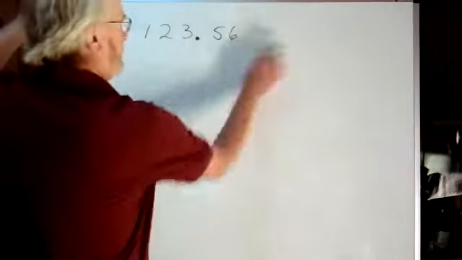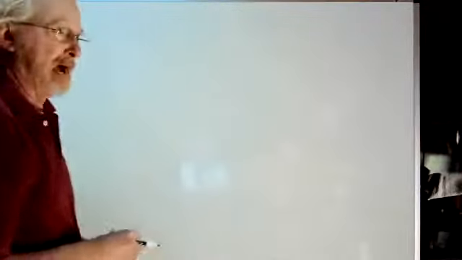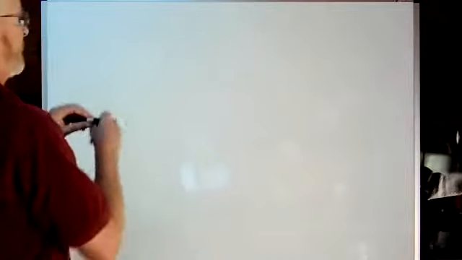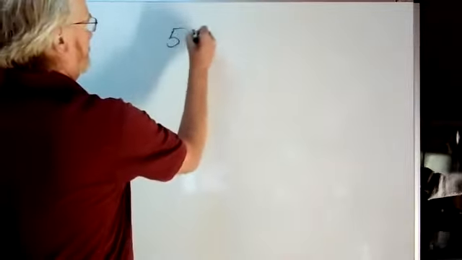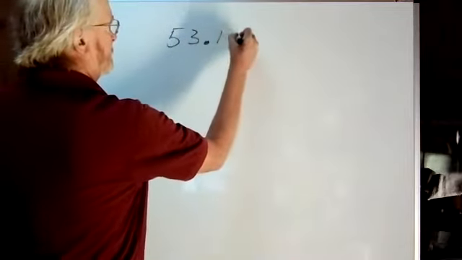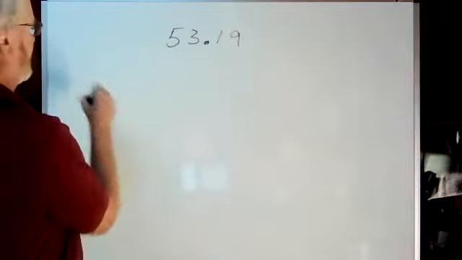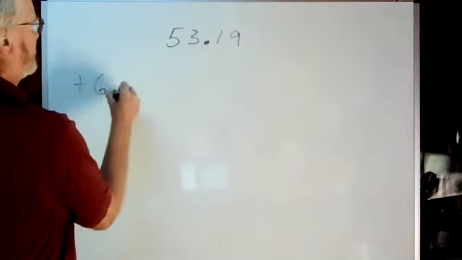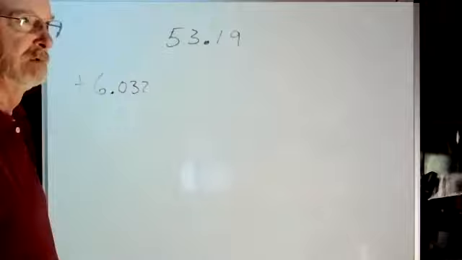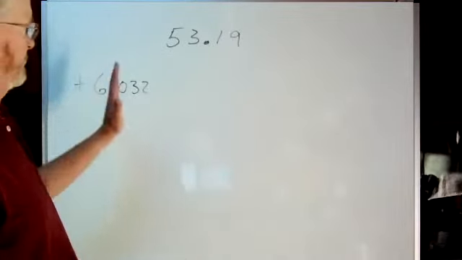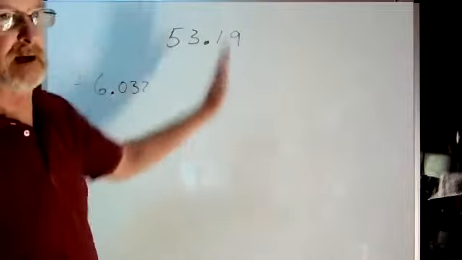All right, and now add and subtract. The big deal is line up the decimal points, or in a sense, the place values. If I have this, and I want to add, say, 6.032. To do this correctly, you want to get the place values in the same columns.